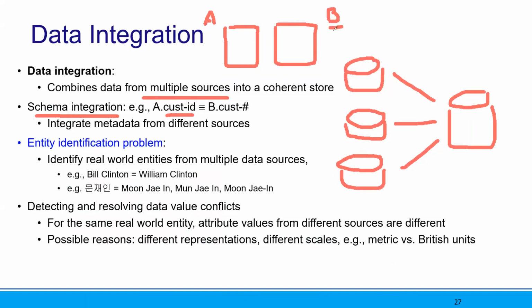In table B, the attribute name is customer-shop. Usually shop means ID. So we can combine based on those two attributes if we have the schema. We can integrate the metadata from different sources. But there will be some identification problems.